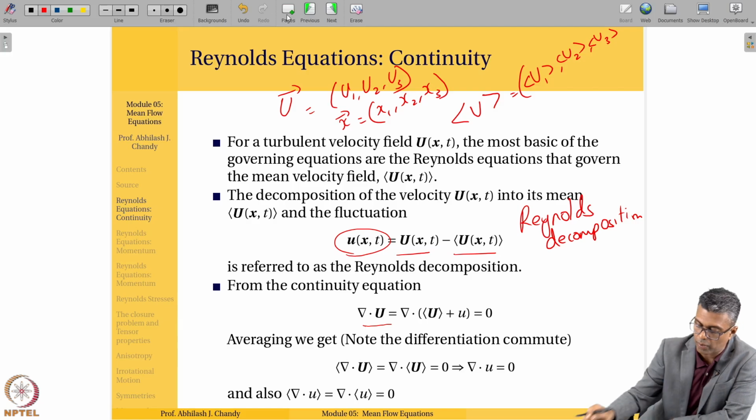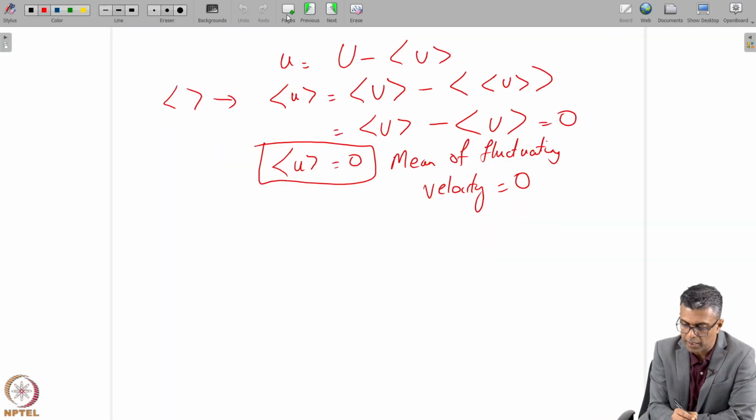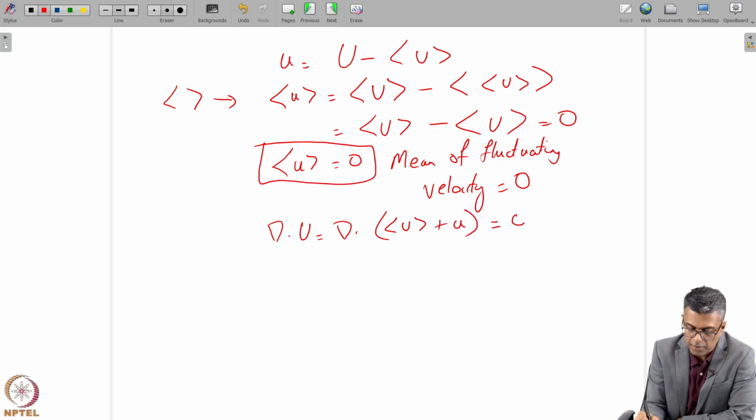So del dot u is equal to del dot of the mean plus fluctuation, which is equal to 0. So your del dot gets distributed into the brackets, and then you have del dot u mean plus del dot u' equal to 0.